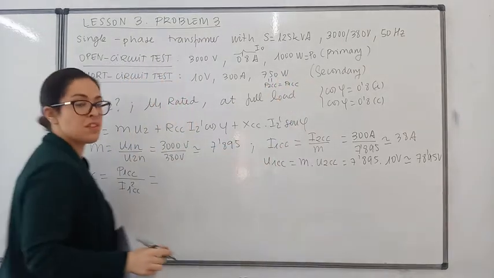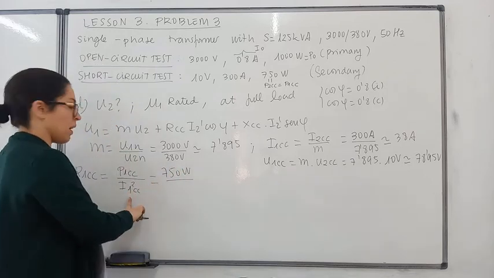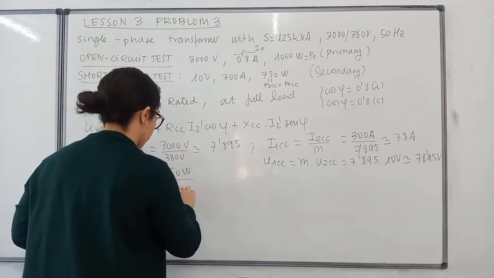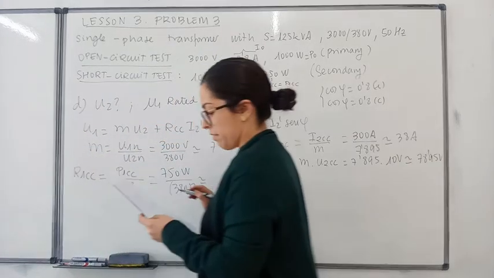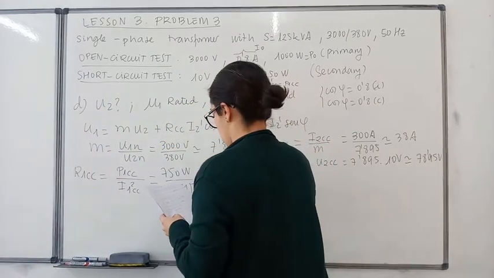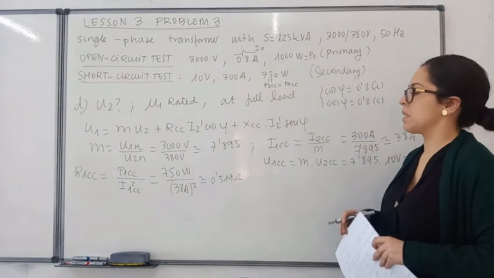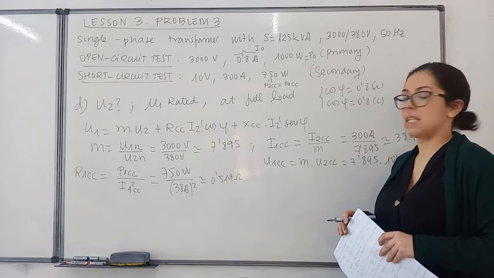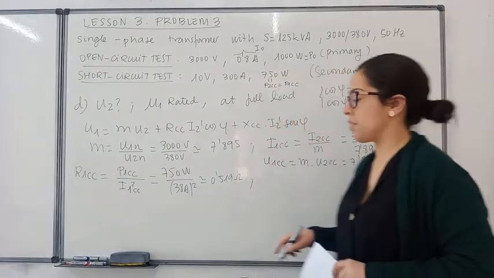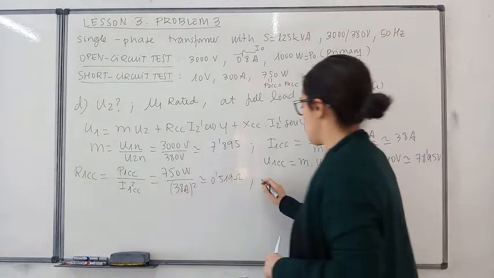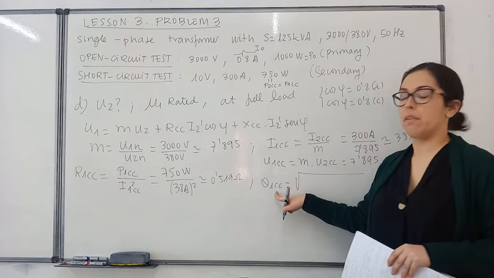The power is the same, okay? So you have this power divided by the square of the current we have calculated before. So there you will have a resistance of the short circuit test of 0.519.